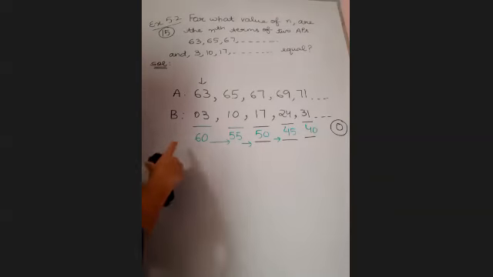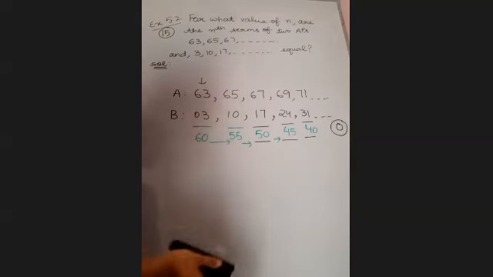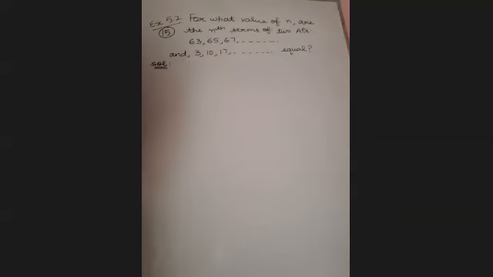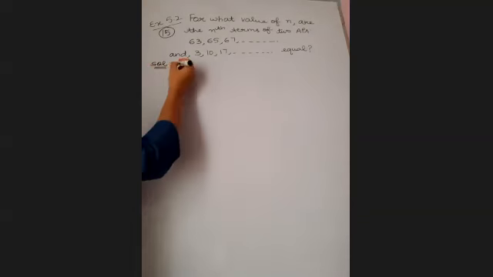So is the question clear to you, what we have to do? So we have to find that value of n for which both the terms are going to be equal. So I'm just going to write like this.